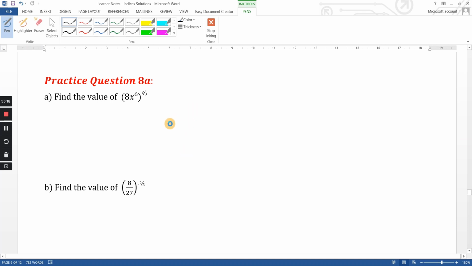Practice question 8a, part A, find the value of 8x to the power 6, and you've got a little power 2/3 on the outside, so this is applying to everything in there. How should I do this? I tell you what, let's split the power first here. Split the fraction, sorry.